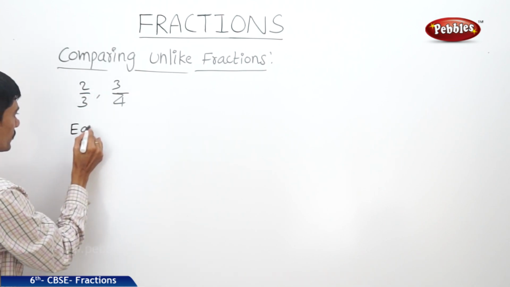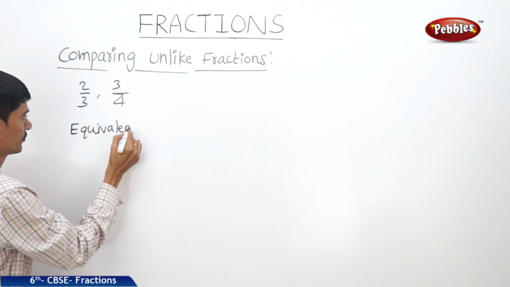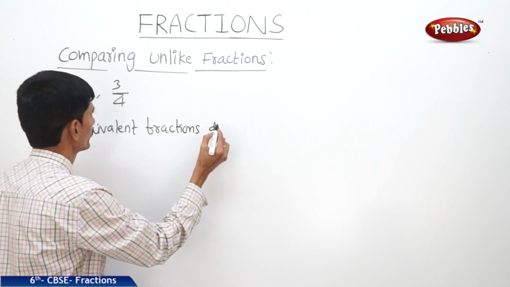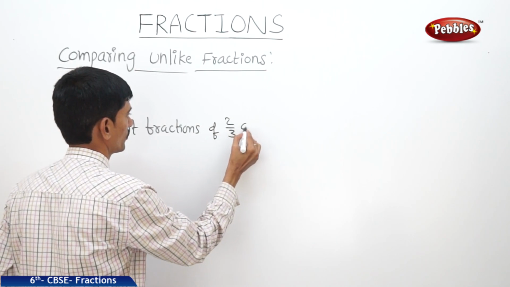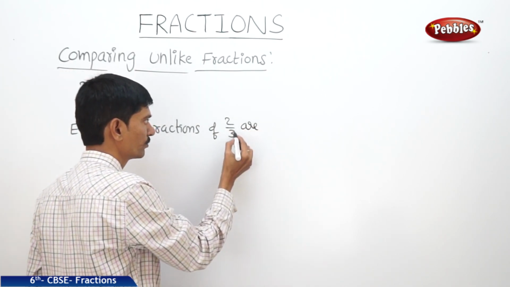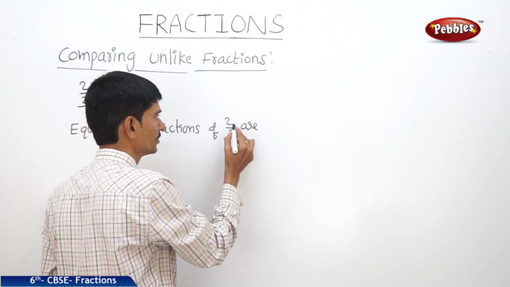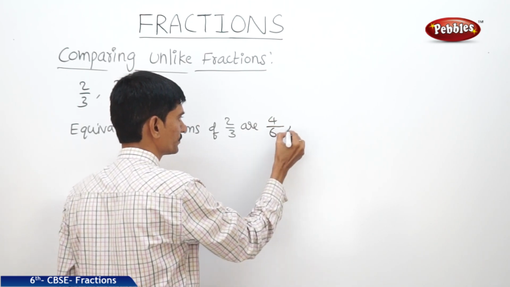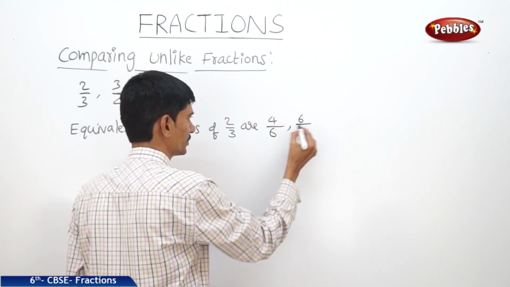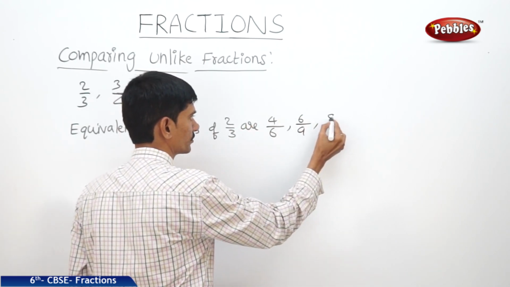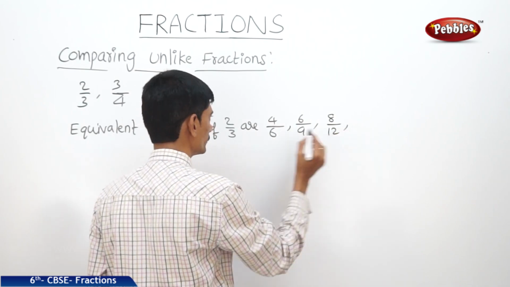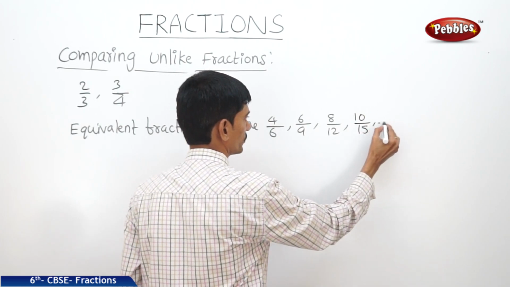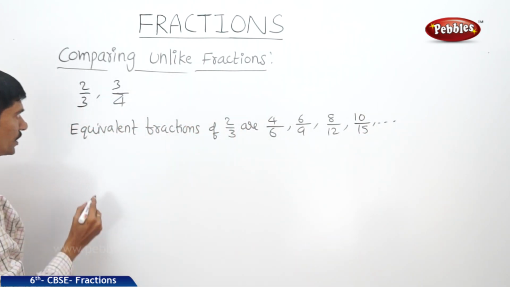So equivalent fractions of 2/3 are, if you multiply both the numerator and denominator by the same number, if you multiply by 2, 2 2s are 4, by 2 3s are 6, and 2 3s are 6, by 3 3s are 9, then 2 4s are 8, by 3 4s are 12, and 2 5s are 10, by 3 5s are 15, and so on.